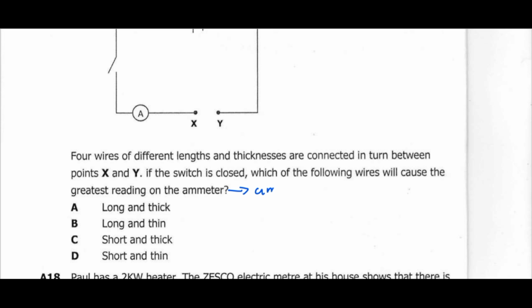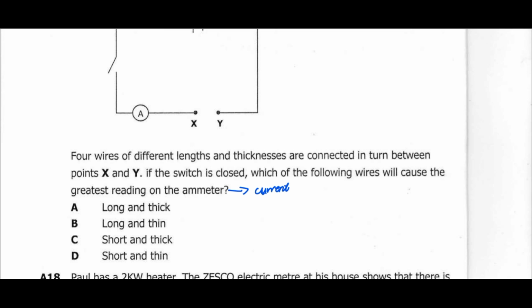The ammeter measures the current. So the key point is which of these wires will allow the highest flow of current. The question is indirectly asking us to find the wire that has the lowest resistance.